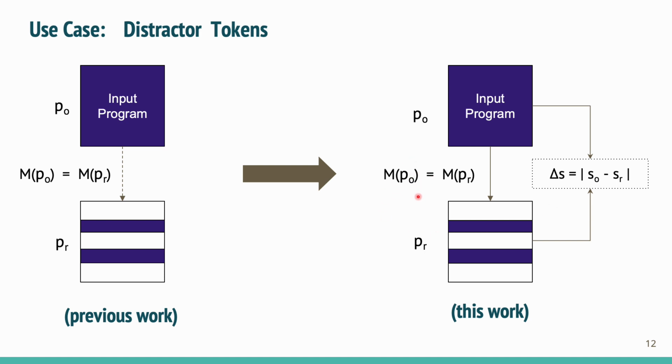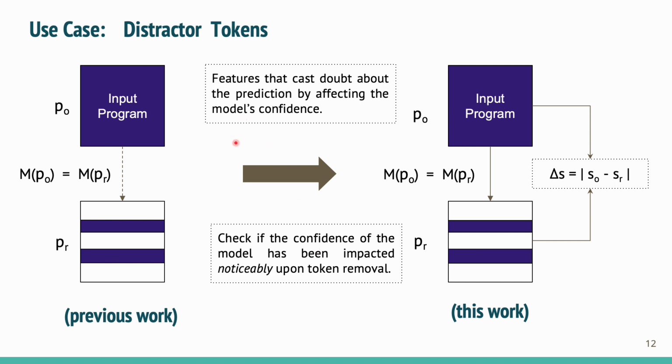A model may preserve the predicted label, but it can change its probability score in its prediction. We mainly aim to study what features cause doubt about a model's prediction by affecting the model's confidence. More precisely, we define the notion of distractor tokens, where the confidence of the model in its prediction changes significantly when such tokens are removed from the input programs.